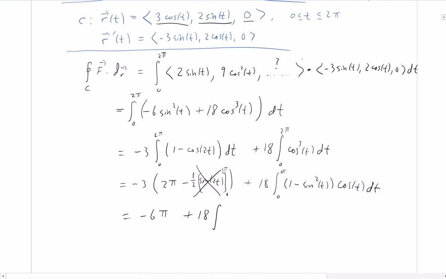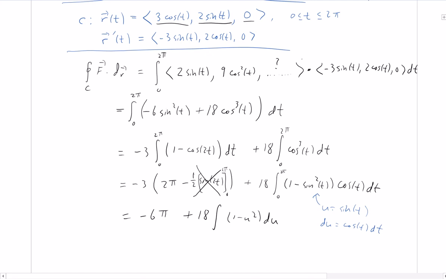And the reason we do this in the second integral is because it allows us to do a u substitution. u is sine t, so du is cosine t dt. So this is just the integral of 1 minus u squared du.